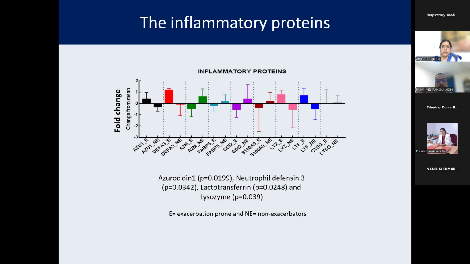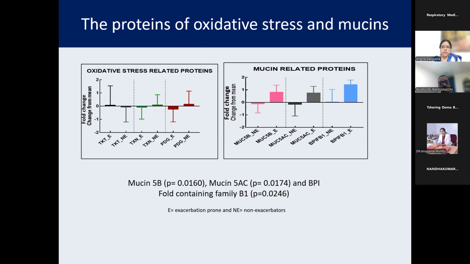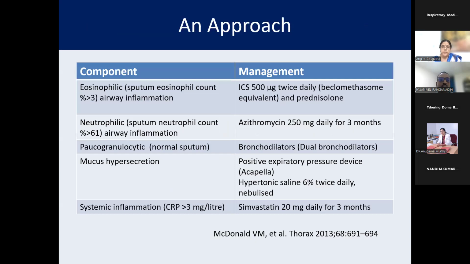You can see the inflammatory proteins are not all of them, but the signatures are different in some of the neutrophilic proteins. Oxidative stress-related proteins are again different in exacerbators and non-exacerbators, and mucin-related proteins are again different in exacerbators versus non-exacerbators.